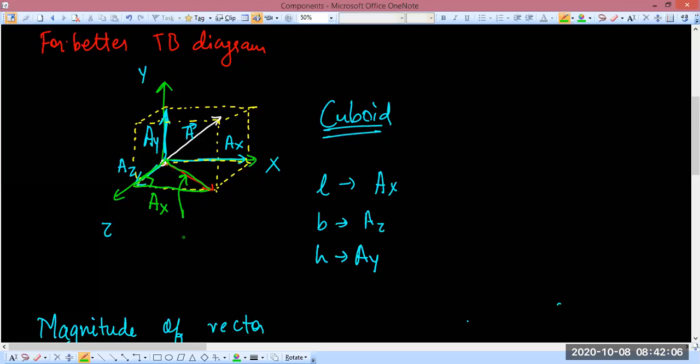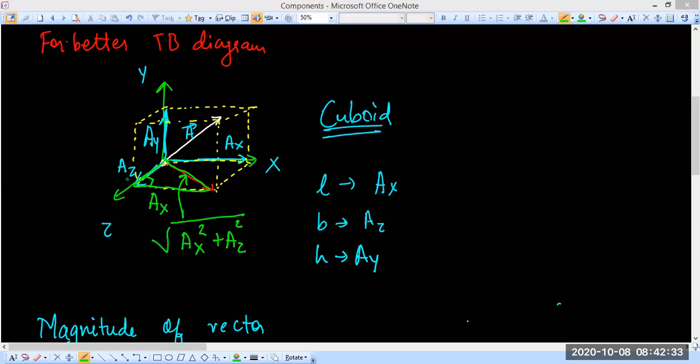So its hypotenuse is going to be the square root of ax square plus az square. Clear? Because one side is az and the other side is ax.